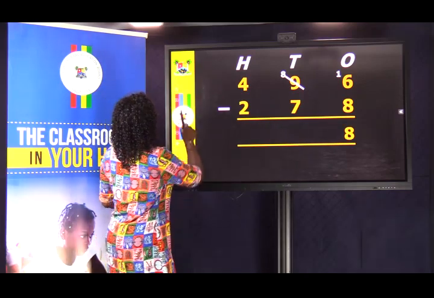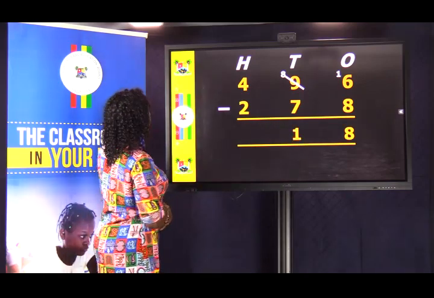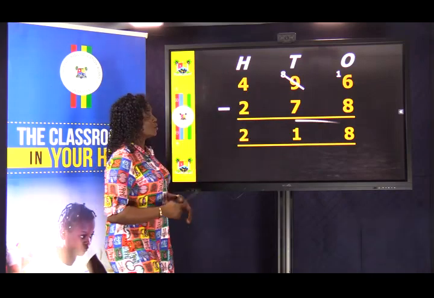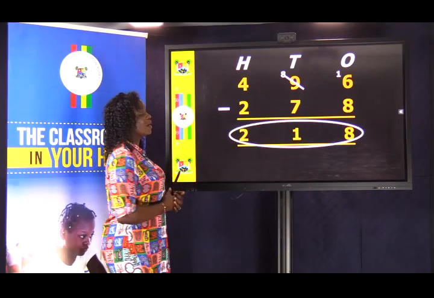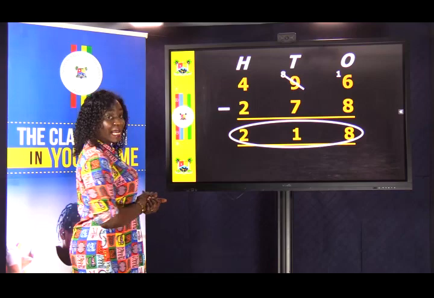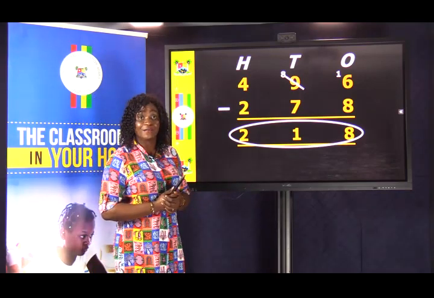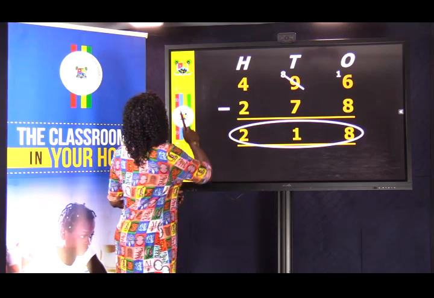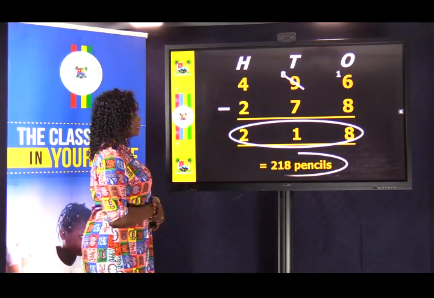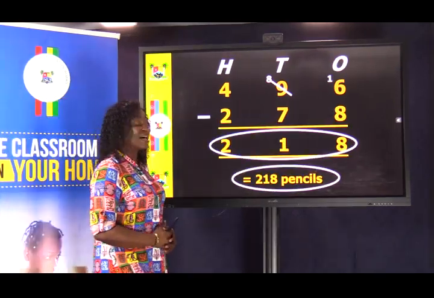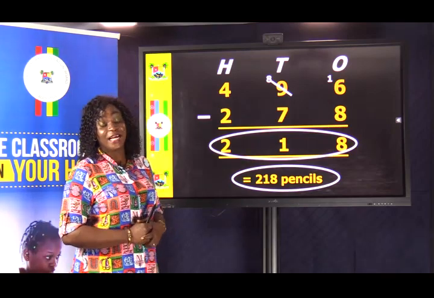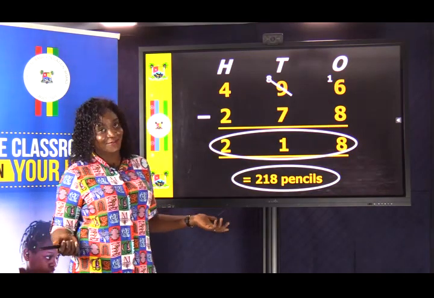And 8 take away 7 is 1. 4 take away 2 is 2. So how many pencils does Auntie Tinu have left now? That is 218. Yes, so Auntie Tinu has 218 pencils left.